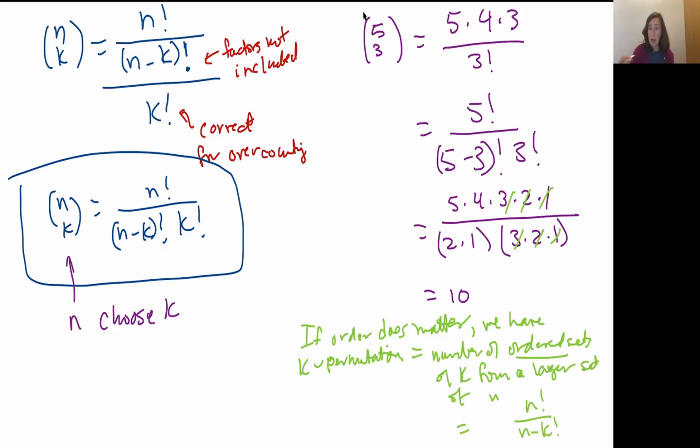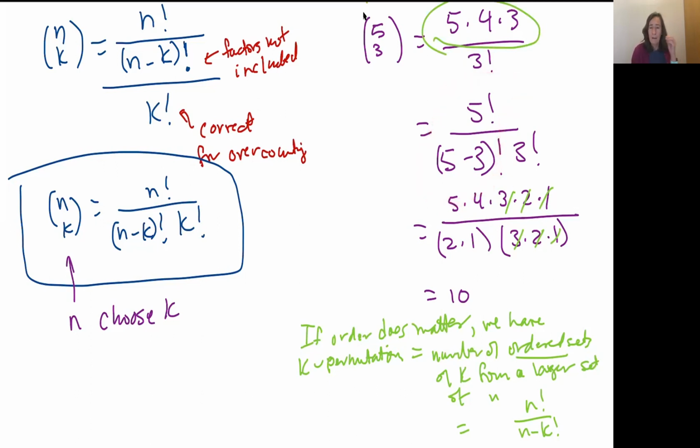Okay, so if it was how many podiums, if you will, where it matters whether you're getting gold, silver, or bronze, the number would be 5 times 4 times 3. And that is indeed 5 factorial divided by 5 minus 3 factorial.